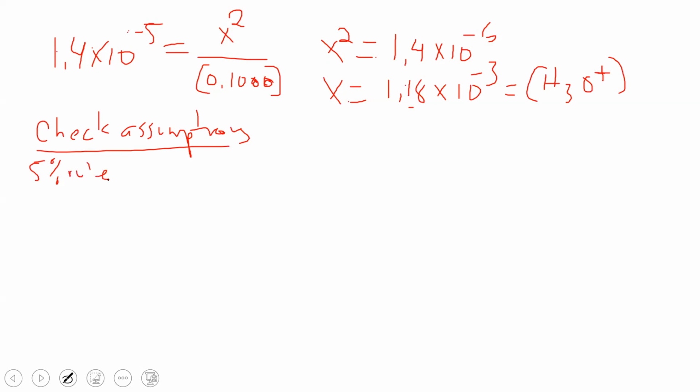And to do that, we just take X over the initial concentration of the acid, so 1.18 times 10 to the minus 3 divided by 0.1000 times 100%, which gives us a value of 1.18%, and so that checks out, it's less than 5%.